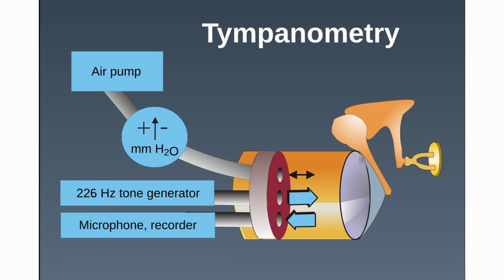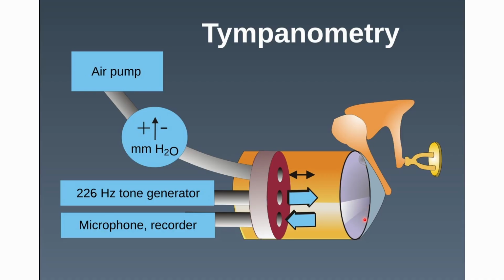So this picture shows the probe placed inside the external auditory canal. This is the external auditory canal and the probe with three small points: one containing the air pump, then a tone generator and a microphone. Whenever a sound is generated, it strikes the eardrum, causing mobility of the tympano-ossicular system.